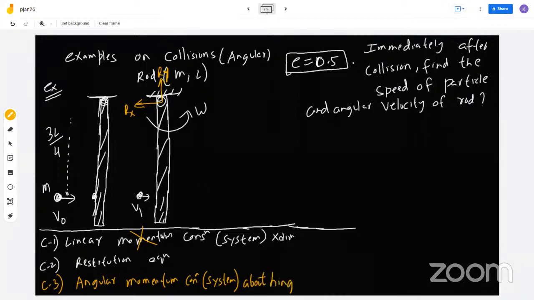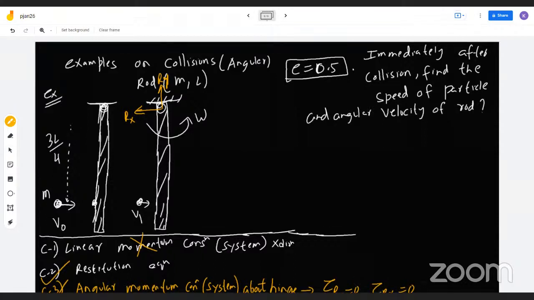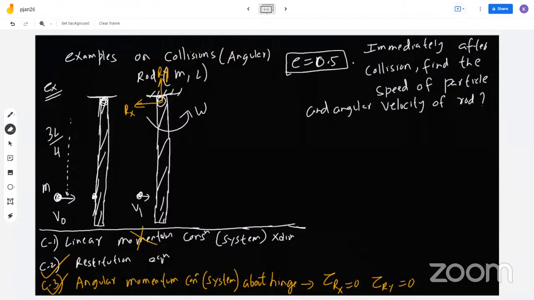When you take angular momentum conservation about the hinge, you are ensuring that even if there is Rx, the torque of Rx is 0 and the torque of Ry is also 0. So these are the two concepts which you use. Linear momentum we don't know, but angular momentum we can conserve.